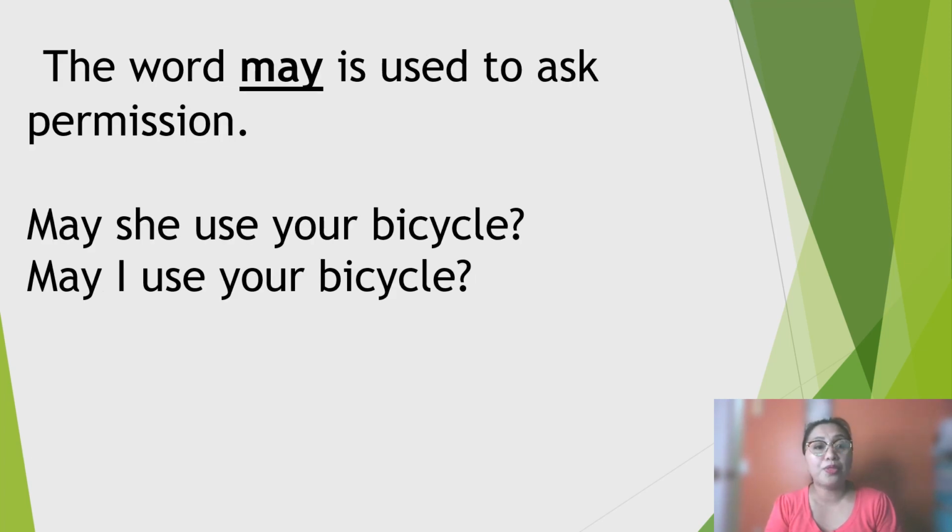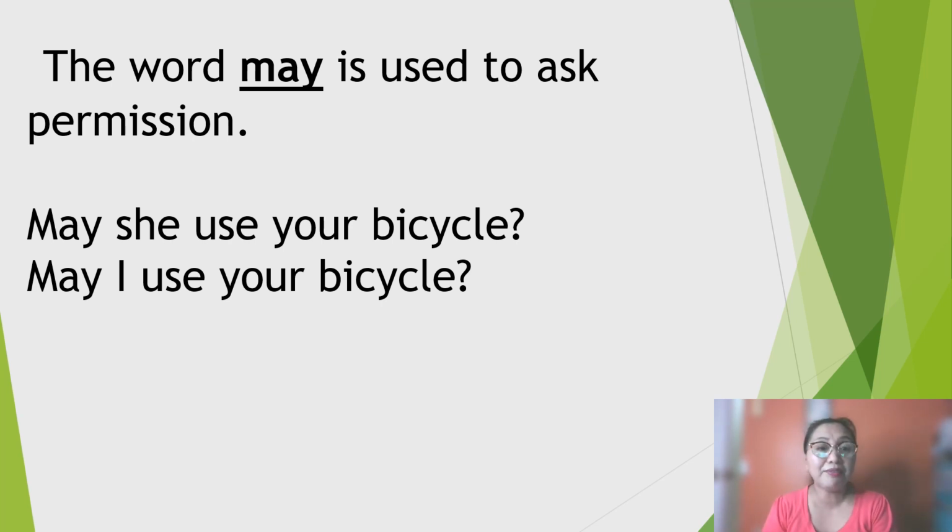Okay. Now the word may is used to ask permission. May she use your bicycle? May I use your bicycle? Excuse me, teacher. May I go out? May I use the restroom? Okay. May I use your laptop? Okay.